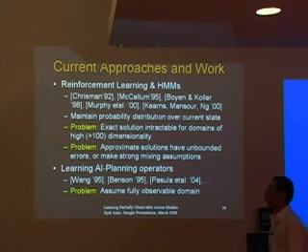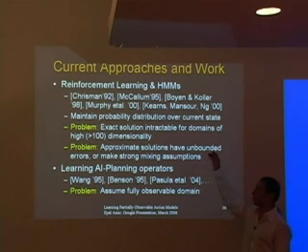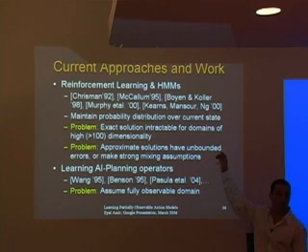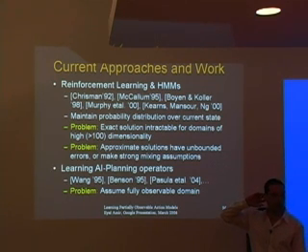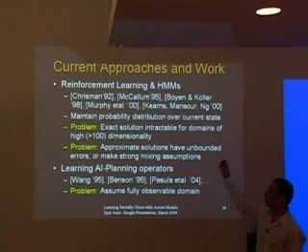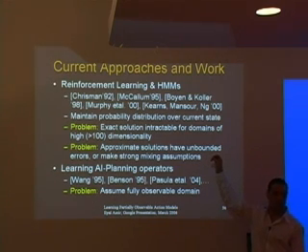This relates to many things that you probably are familiar with, reinforcement learning and hidden Markov models, and also learning AI planning operators. Just to give you an idea what would happen if I use a hidden Markov model to represent this, or a DBN to represent this. What would happen is that I will need to update the structure of the DBN, using an EM-like hill climbing approach.